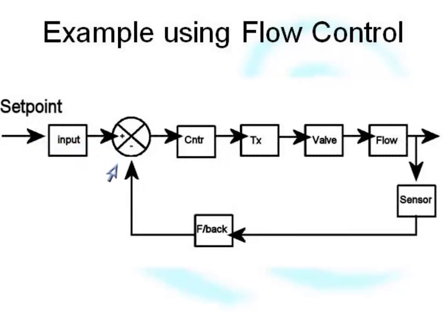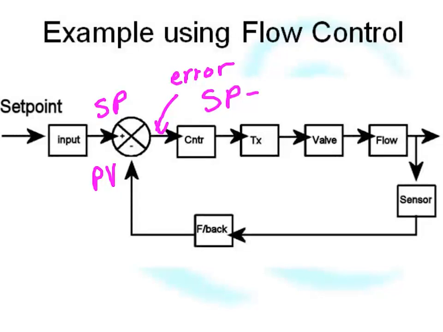I have a summation block, and what we do here is we take the set point, and we compare the set point to the feedback, which is of course the process variable being fed back. And we create an output just here, which we call the error. The error is set point minus process variable. That's what the summation block is doing.